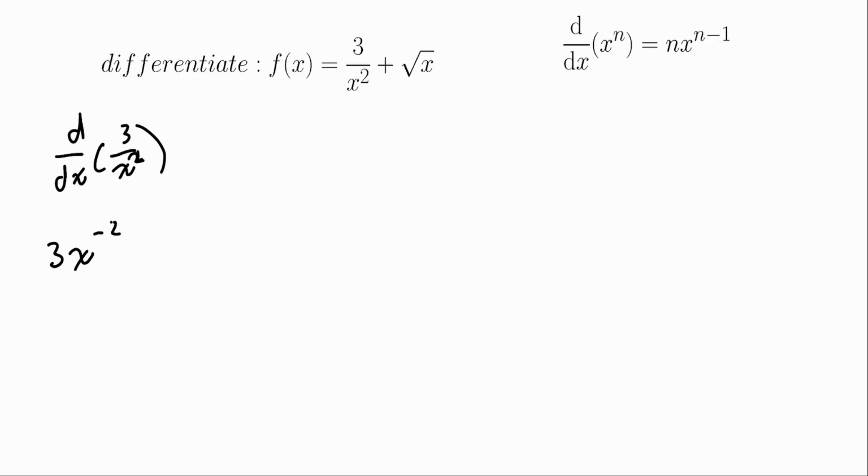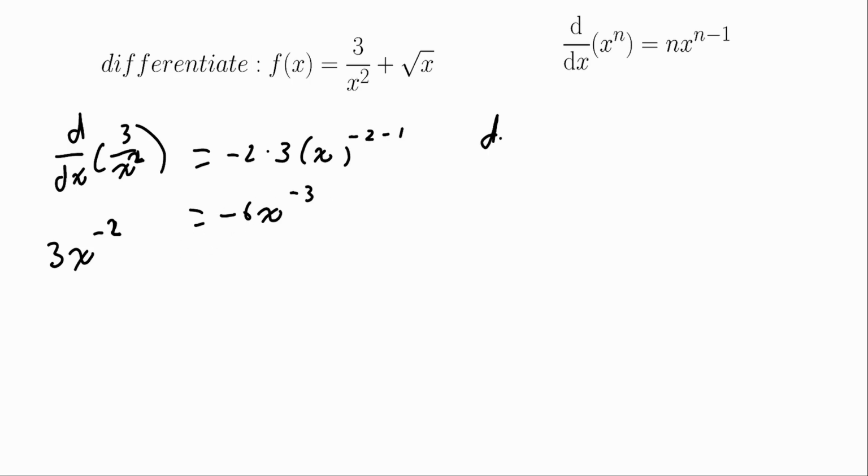And so this will make it a lot easier to differentiate. So now we can bring the power down, so it's negative 2 times 3 times x. Negative 2 minus 1 is going to be negative 3. So we're going to have negative 6 times x to the negative 3. And that's our first derivative.